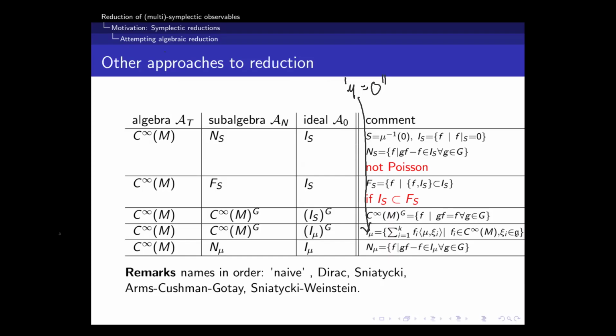We could take bigger things, and it is possible to be in a setting where taking I_mu doesn't lead to a nice space, but taking something bigger would. So it can be a good choice. However, in principle, because we are taking the smallest space, in some sense we are keeping as much information as possible.